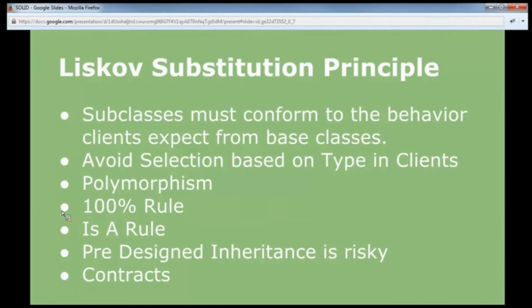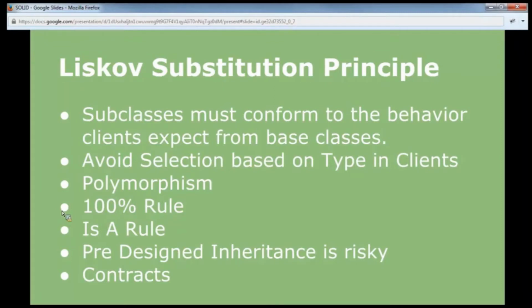And this can sometimes be quite tricky, actually, because as humans we are used to thinking in generalization and specialization hierarchies quite easily, but in reality it's not that clear-cut.